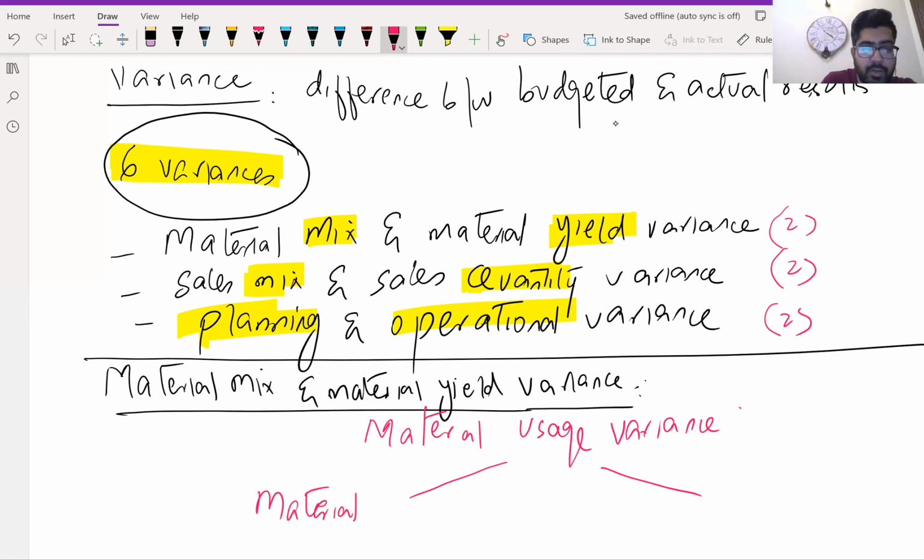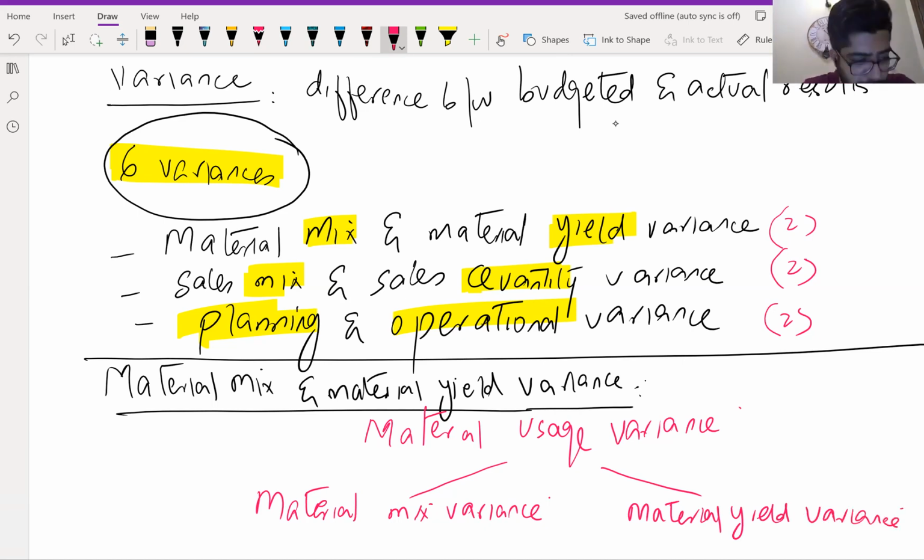One part is called material mix variance, and one part is called material yield variance. In advanced papers, this variance, MUV, which is taught in previous studies, is broken into these 2 parts: material mix and material yield variance.